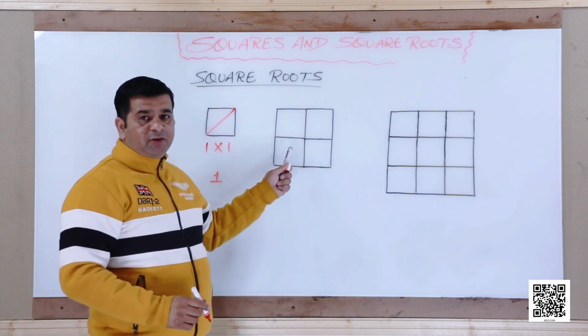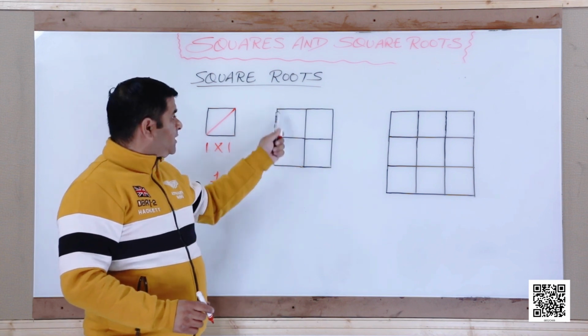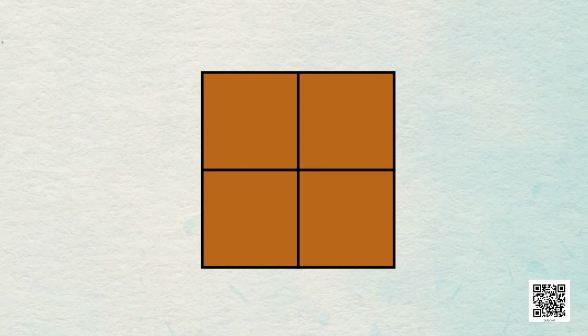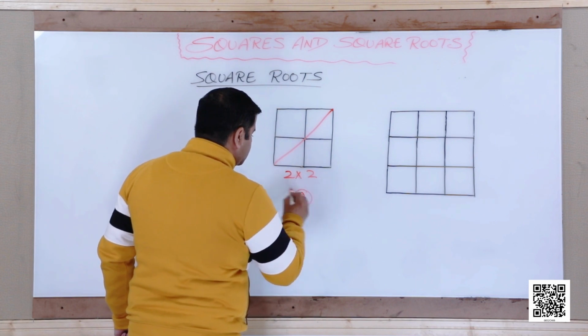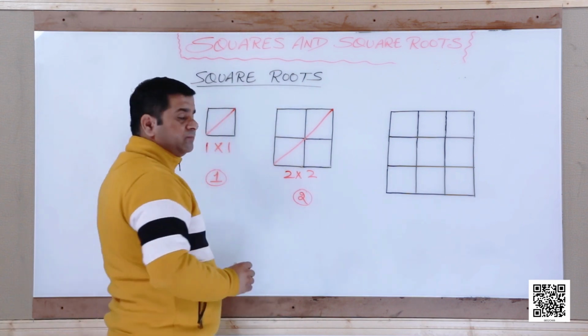Now let's have a look at this. In this figure, if we draw a diagonal like this, through how many squares does this pass? See, 1 square and 2 squares. This line passes through 1 and 2 squares. So this was a 2 by 2 square and it passes through 2 squares.